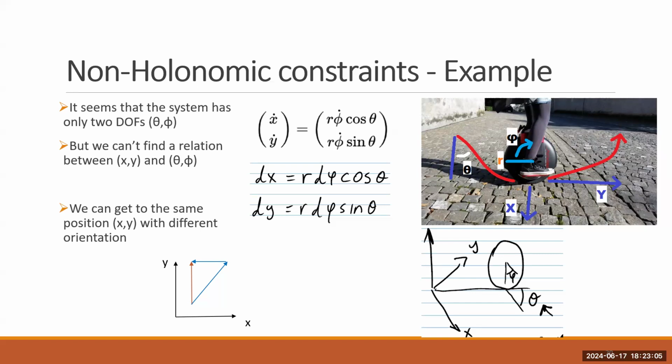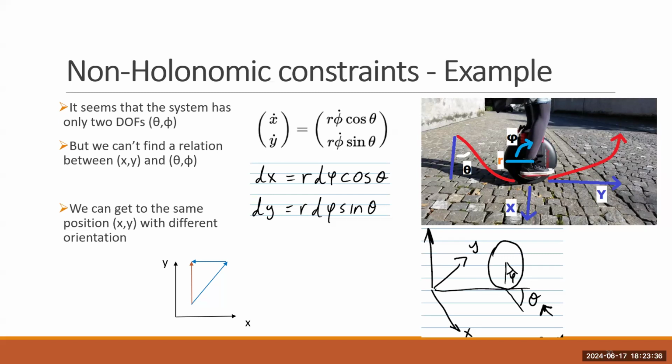So r d phi is how much the wheel advances, and it advances in the direction of theta. So here we have cosine, here sine, and we have dx dy. And this is in general the kinematics of the wheel rolling on the ground. But we cannot find the relation between x and y and theta and phi.